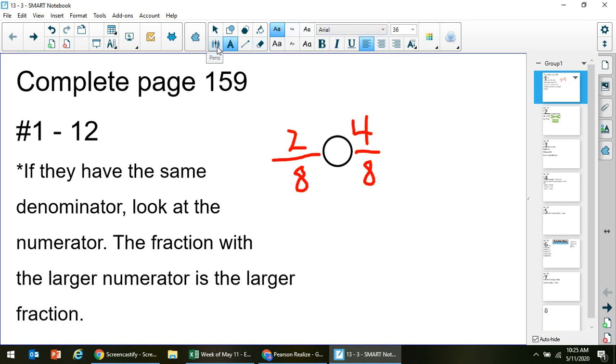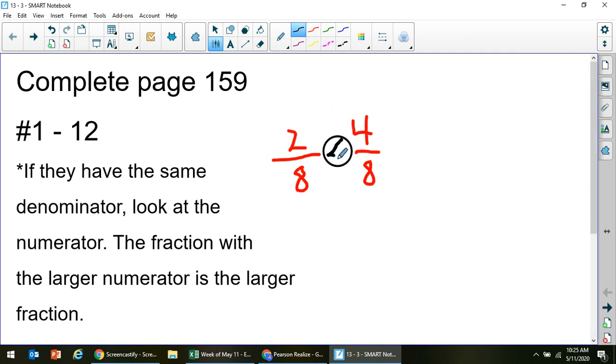So in this case, which fraction would be greater? You should have said 4/8. So I would draw the mouth facing the 4/8. And remember, we read it this way: 2/8 is less than 4/8.